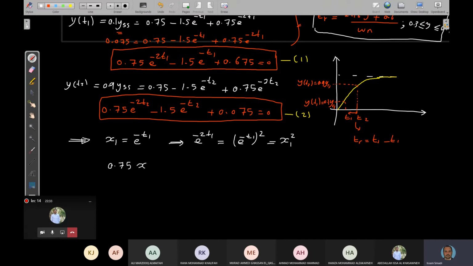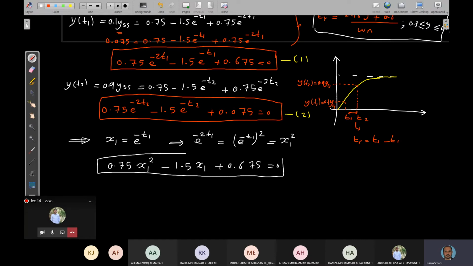0.75 x1 squared minus 1.5 x1 plus 0.675 equals 0. And this quadratic equation we can solve with no time, correct? We know the root x equals minus b plus or minus the square root of b squared minus 4ac, over 2a.